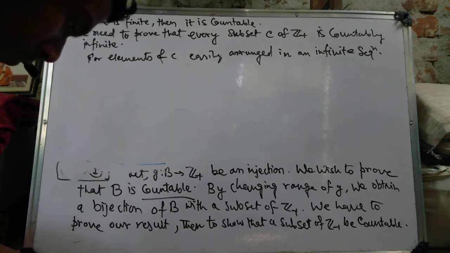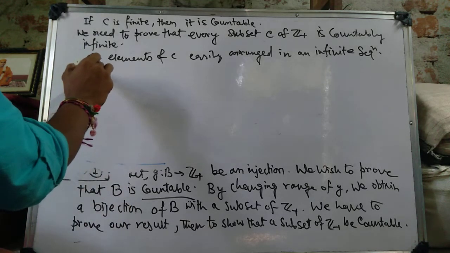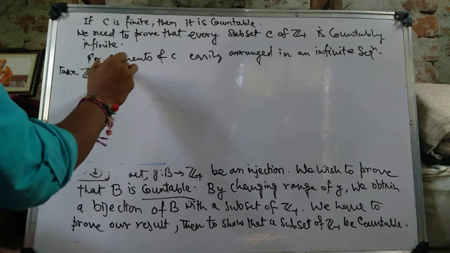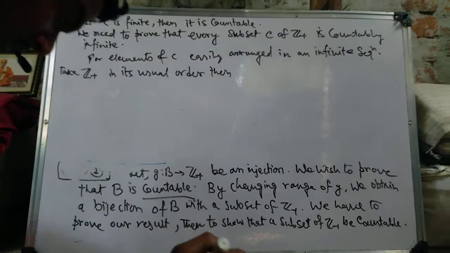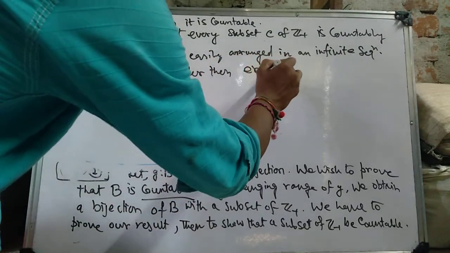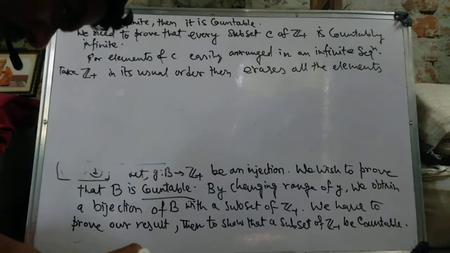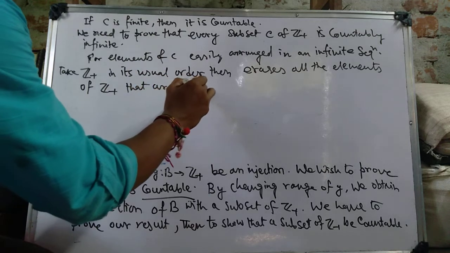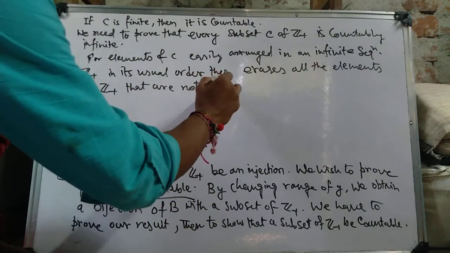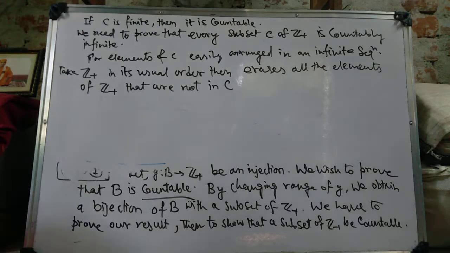We simply take the set Z⁺ in its usual order, then erase all the elements of Z⁺ that are not in C. Then we also get an infinite sequence that is countably infinite.